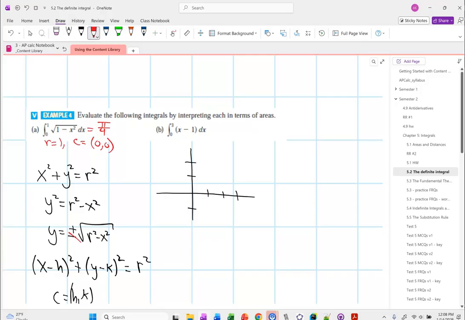The slope is 1, right? So we start at the y-intercept 0, -1. And then we're going 1 over and 1 up, right? So far, so good.